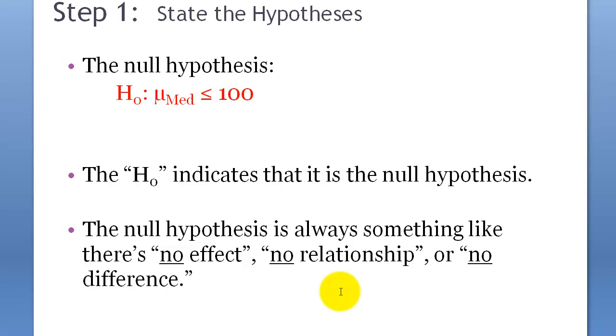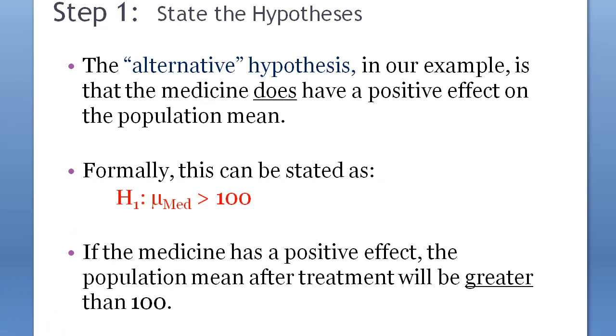But in this case, we know that it's going to be a positive effect. So the null hypothesis would be there's no positive effect. This is the notation we use: it's going to be equal or negative, so that's okay.